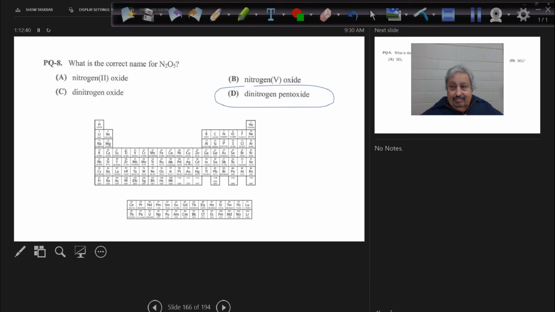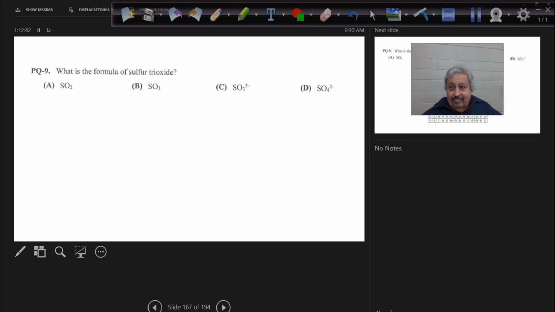Okay, so here we don't have the answer. So what is the formula of sulfur trioxide? Sulfur trioxide. Come on, guys. The answer is B, correct? Yeah. It's very easy. How about this? Sulfur what?